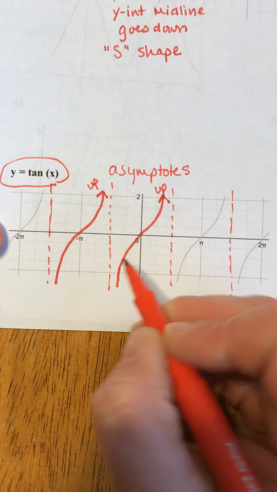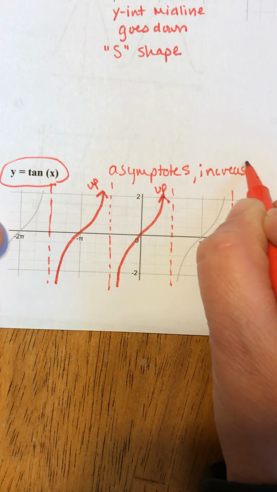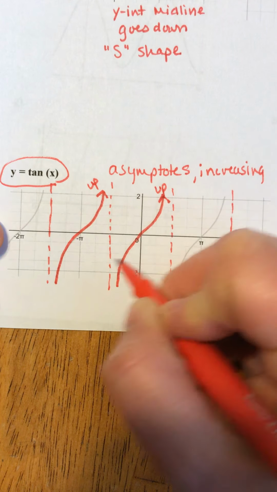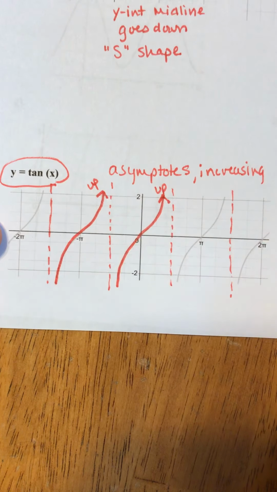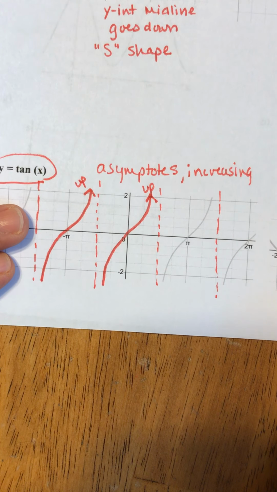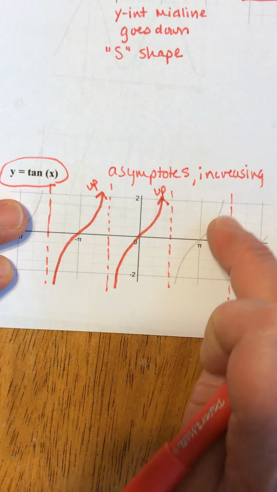We call that increasing. If all these lines are heading up, it's positive and increasing and has these asymptotes. That's how to recognize a positive tangent.